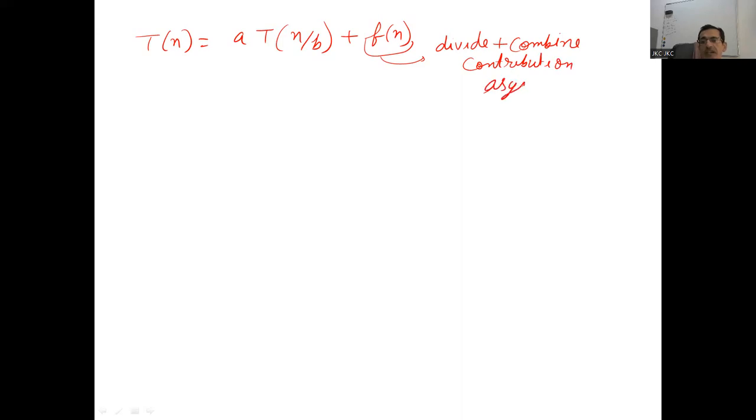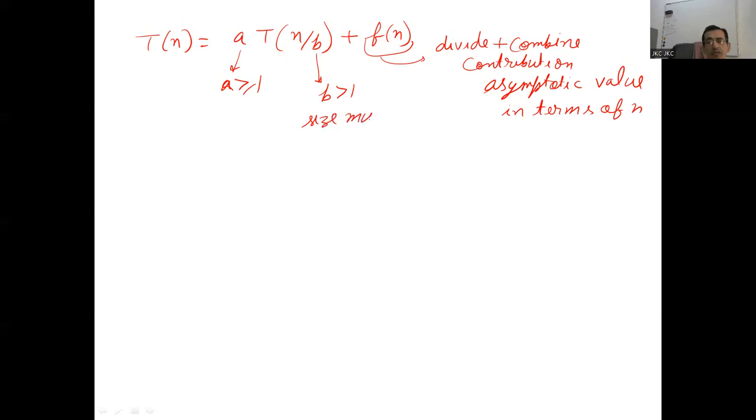It will be some asymptotic value, some function of n. And this tells us a has to be greater than or equal to 1, because a minimum of one recursive call must come. And b has to be greater than 1, because the size must reduce. Equality cannot be accepted; the size must reduce in every recursive call.